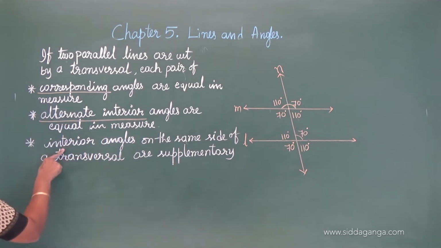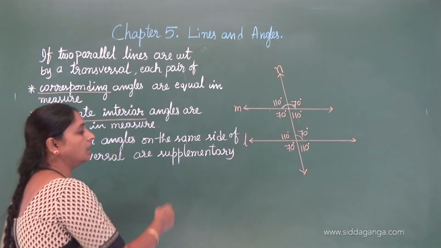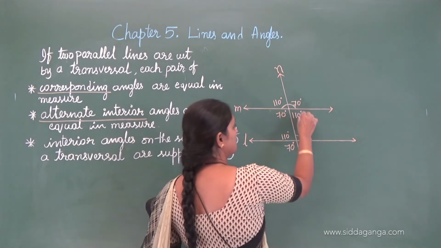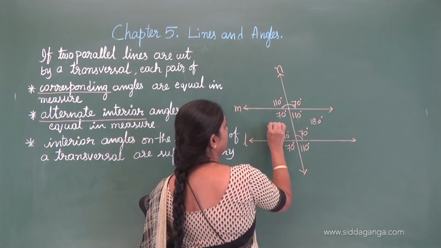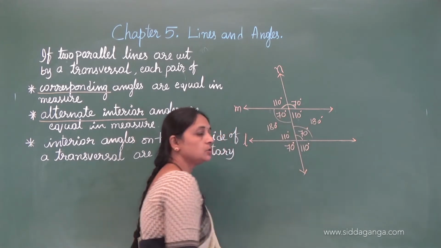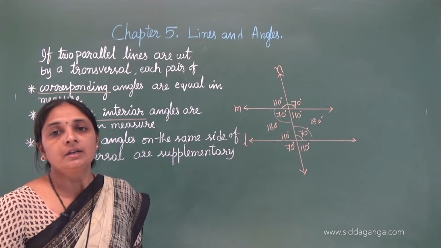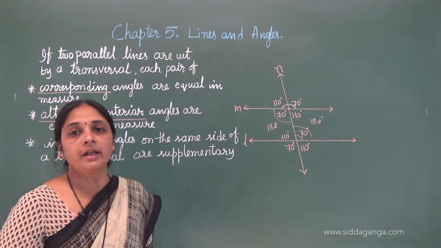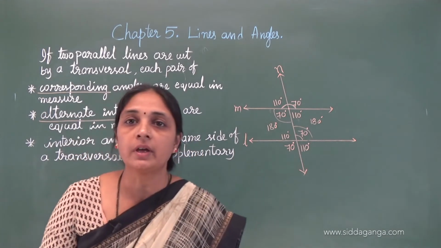And here we can see that interior angles on the same side of the transversal are supplementary. This makes 180 degrees and this makes 180 degrees. And what is this? These two angles, they are the Z-shape angles. They are called alternate interior angles. Okay, so these are the types of angles.